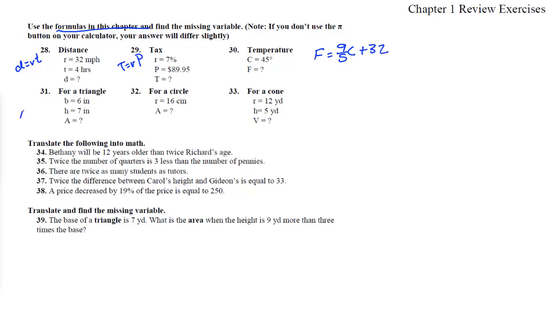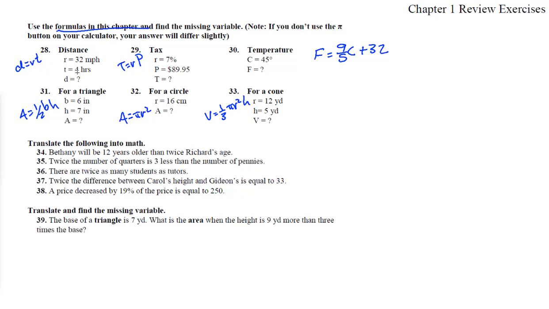For a triangle, area equals 1/2 base times height. The area of a circle is area equals pi r squared. And for a cone, we have volume equals 1/3 pi r squared h. These are the formulas that we're going to be using. The other ones won't get us exactly what we need, so let's work through these.